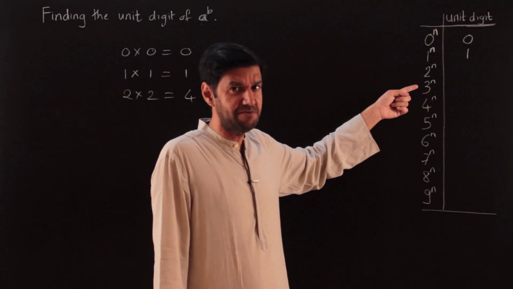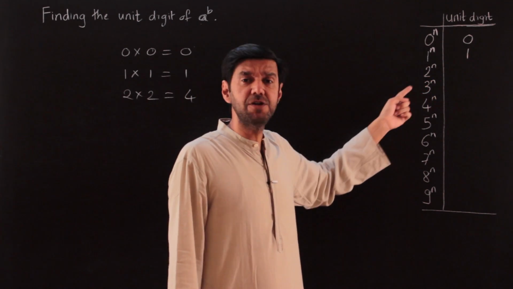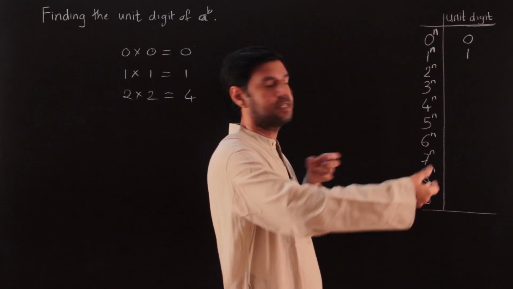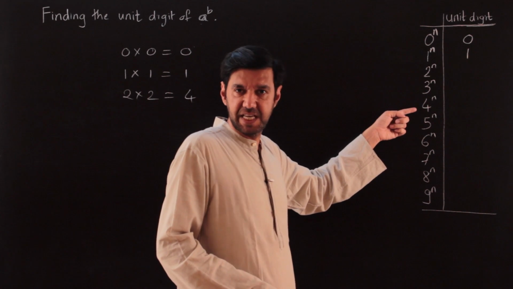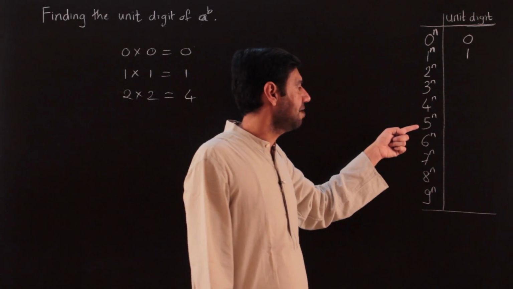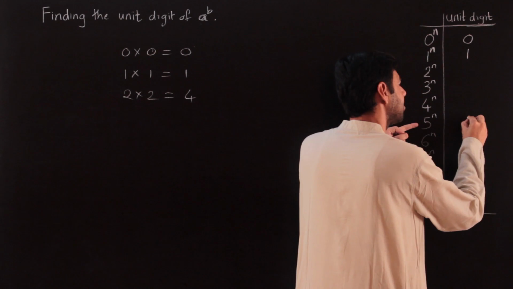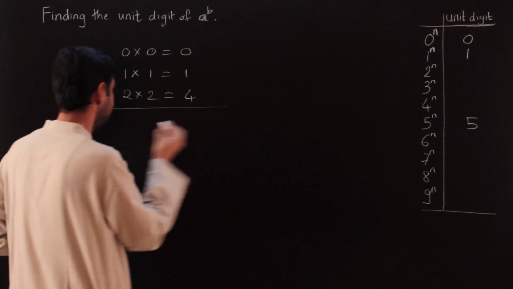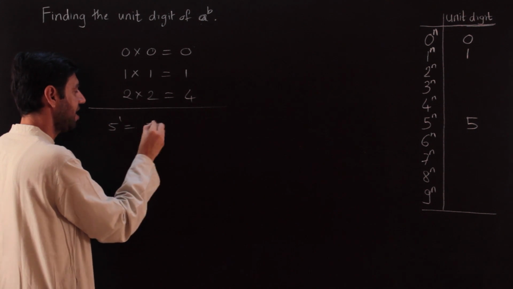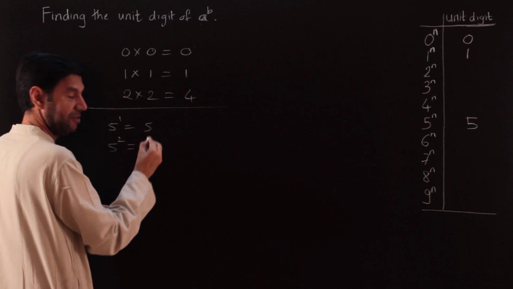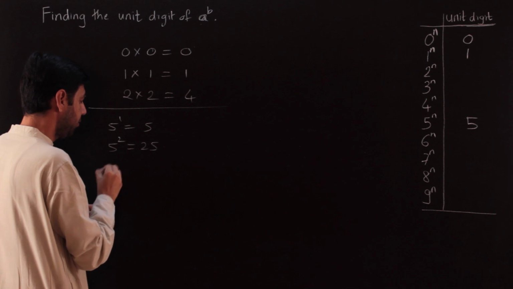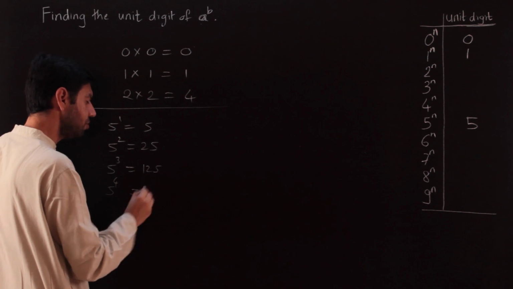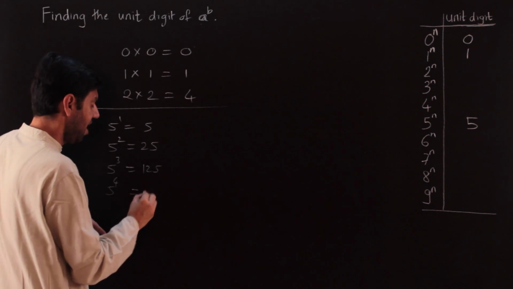3 into 3 is a 9, which is not a 3. Why are we doing 3 into 3? Because it's 3 raised to n, so 3 multiplied with a 3. 4 into 4 is 16, the unit digit is 6, which is not the same. But we know 5 raised to n is nothing but a 5. If you want to have a look at this, remember 5 raised to 1 is a 5, 5 square is 5 into 5, 25, 5 cube is 125, 5 raised to 4 is 625.